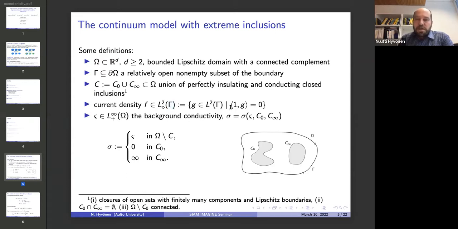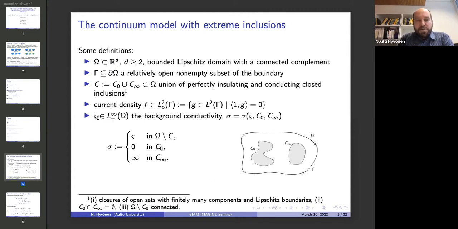So this bracket thing denotes the L2 inner product on the boundary part gamma, always during this talk. And of course, this current pattern needs to be zero mean in order for all current that flows into the object to also come out. And I'm considering L2 current patterns on the boundary portion gamma.